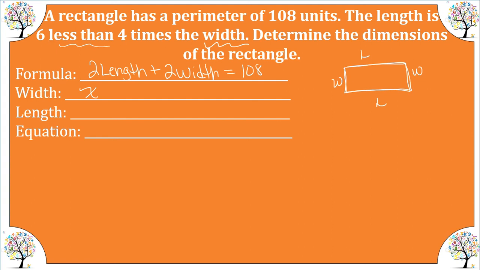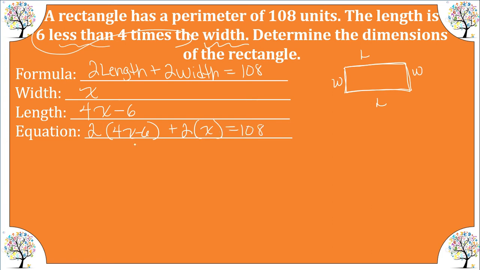The length is 6 less than 4 times the width, so we're going to flip those around, and it's minus 6. Now, let's substitute in X for width and 4X minus 6 for length, and we're going to have to use parentheses because we have a coefficient of 2 out front. So 2 times the length plus 2 times the width equals 108.